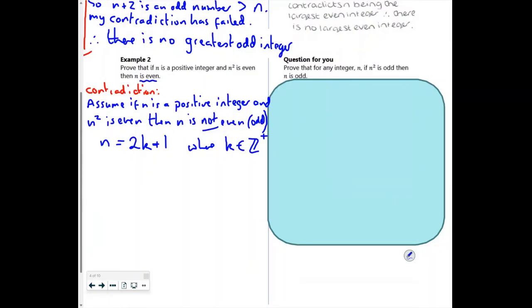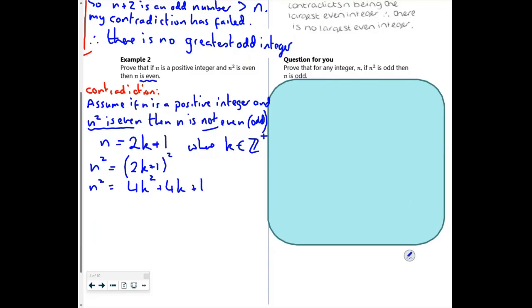Right, so let's have a look then. So it says, if n squared is even, then n is not odd. So n squared is even, so let's have a look at n squared then. So n squared is 2k plus 1 all squared. So n squared will be 4k squared plus 4k plus 1.